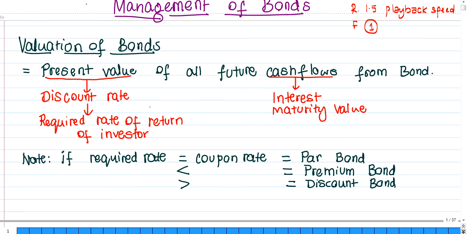Okay, let us start with the valuation of bonds. How to value the bonds? The value of a bond is equal to the present value of all future cash flows from the bond. So what are all the future cash flows?